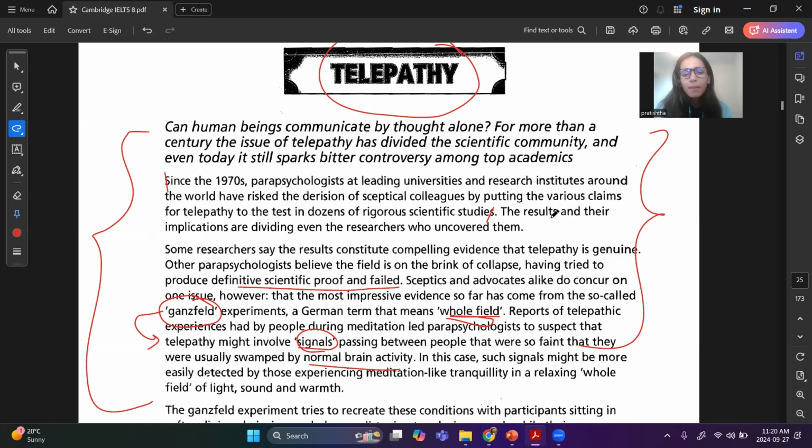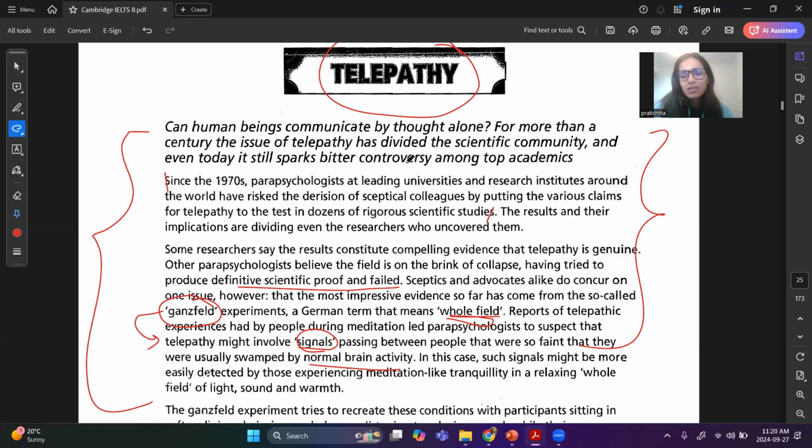And then it also talks about how meditation, like the surroundings around you, would really help. You can have telepathic things, but you need to create an environment for that. And that is how it's a small summary.